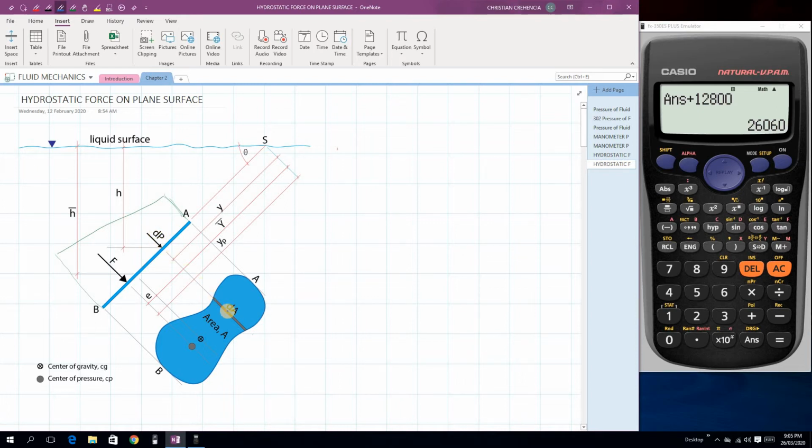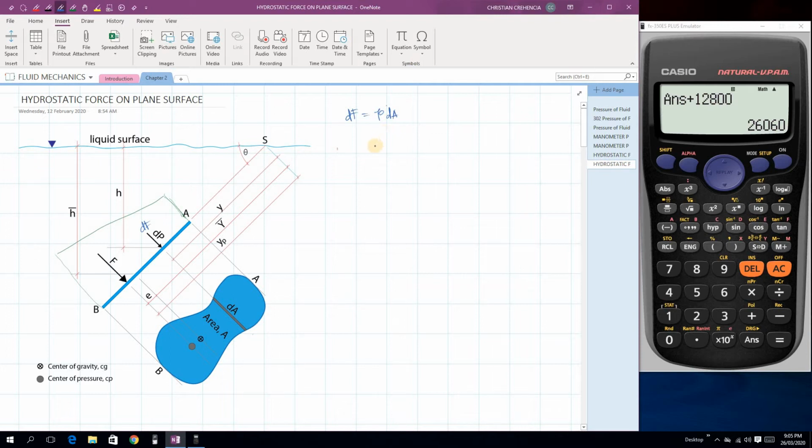Then, we can solve for the differential force, acting doon sa differential area. So, again, yung force F is equal to pressure times area. So, differential force is pressure at that location times ng ating differential area.